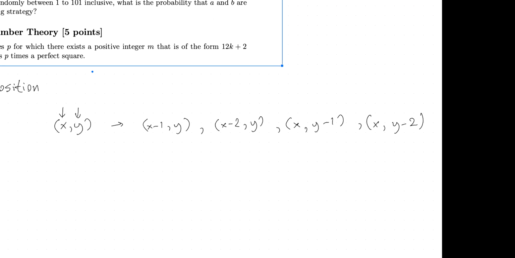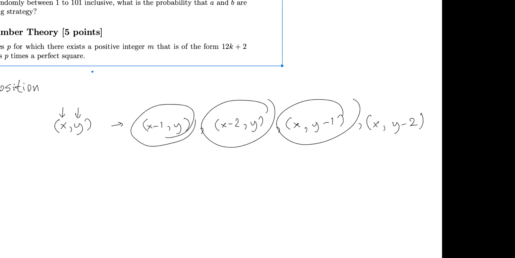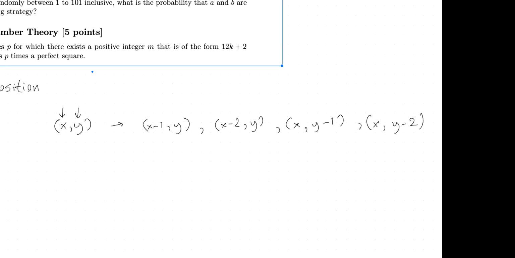Notice that if just one of these positions is losing, meaning the player that starts in that position loses, then Alice just moves to that position and Bob loses. Therefore, XY is a winning position.